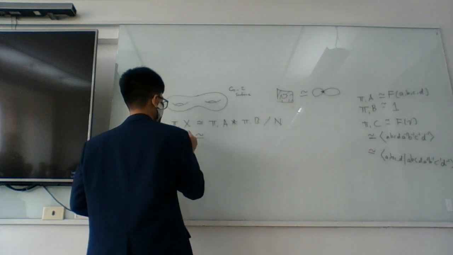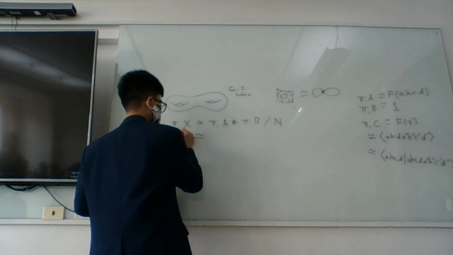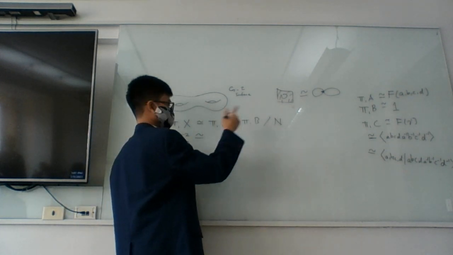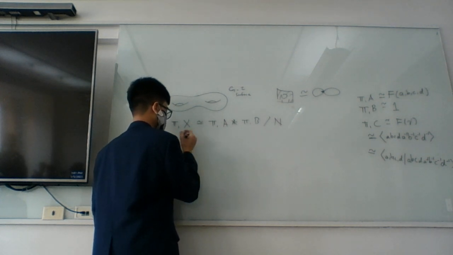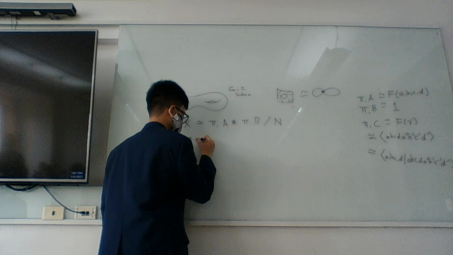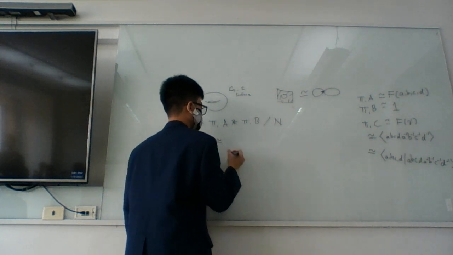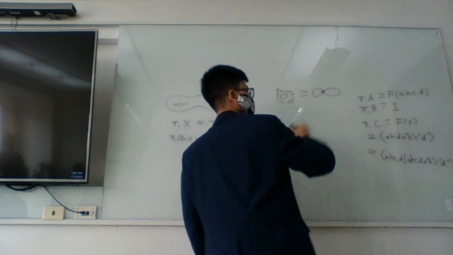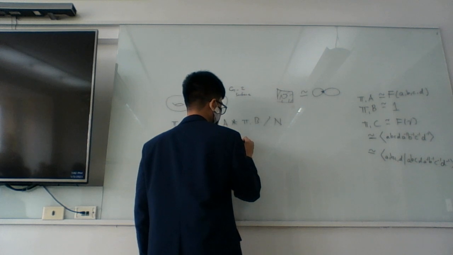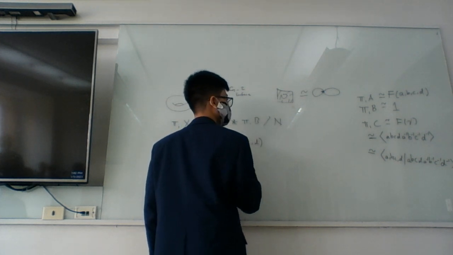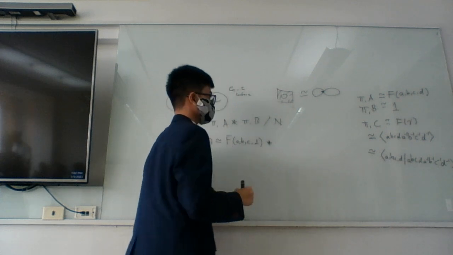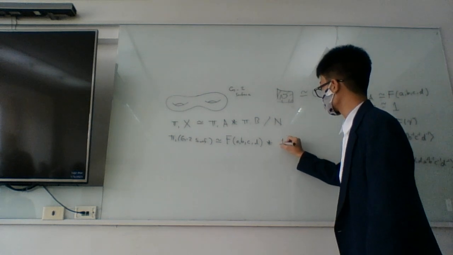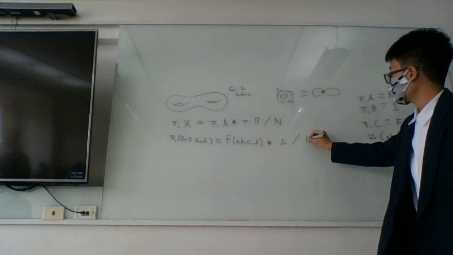So pi 1 of this genus 2 surface, I'll just call it T22, is isomorphic to pi 1 of A, the free group of 4 generators, free product pi 1 of B, which is 1, mod F of gamma.